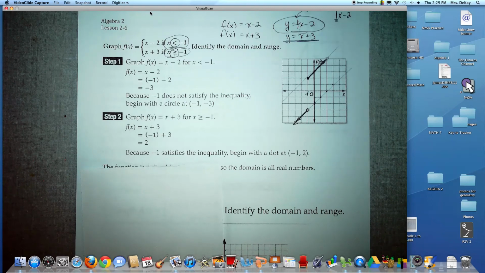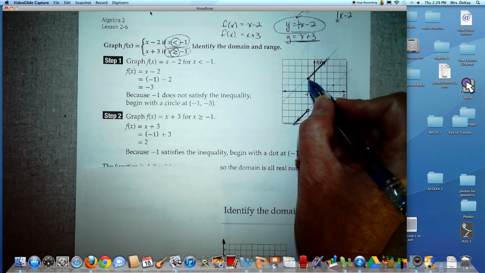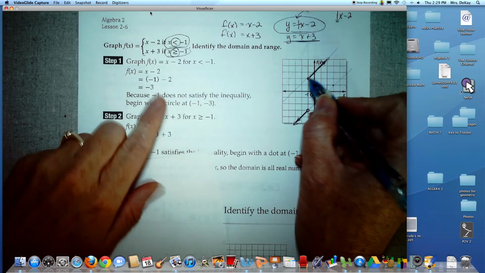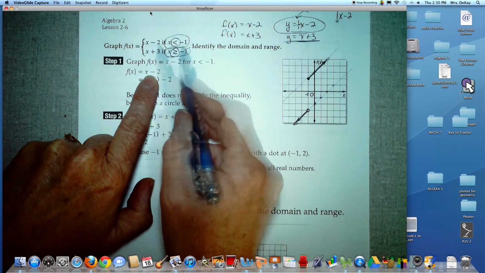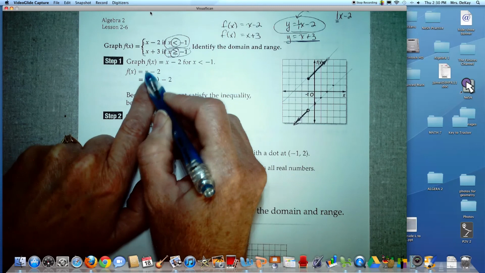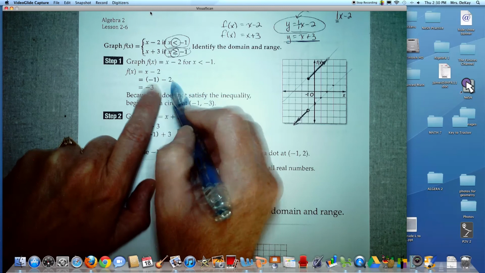So what happened? He noticed that this dot is there, and I can tell you right now, it's because they put -1 into this equation right here, did the math and got this.